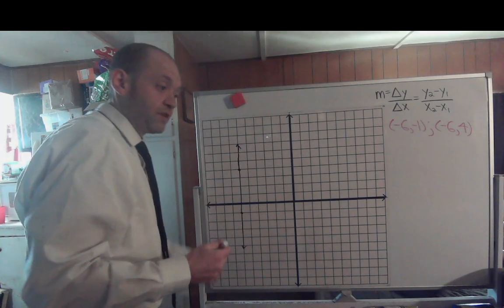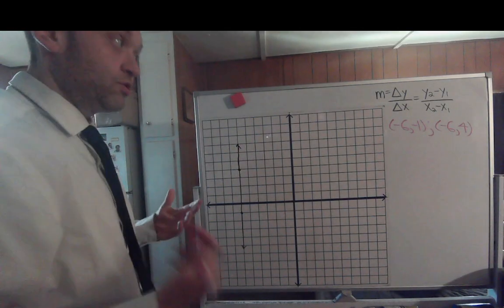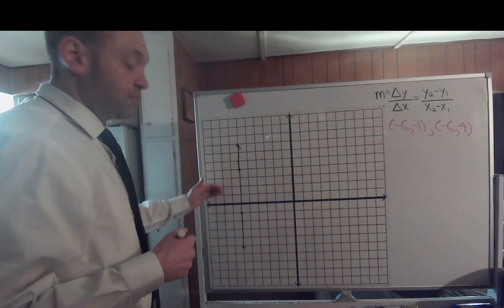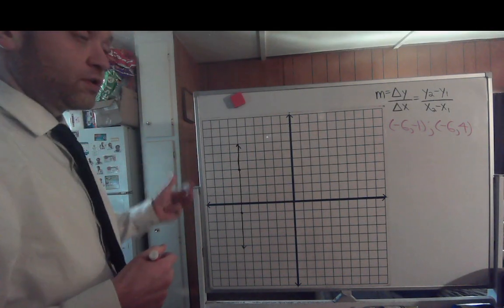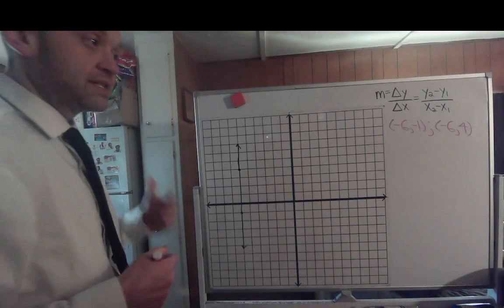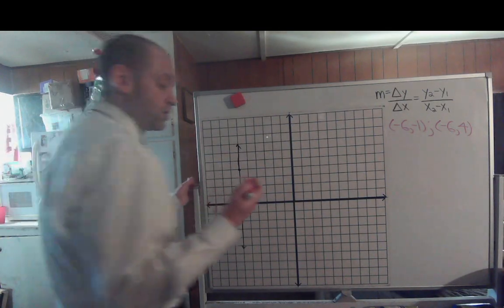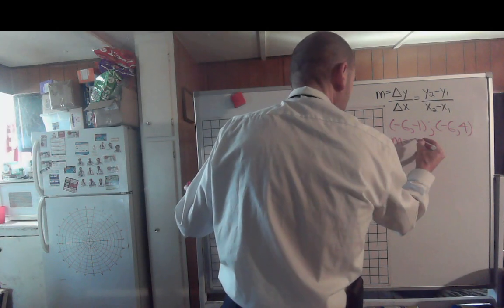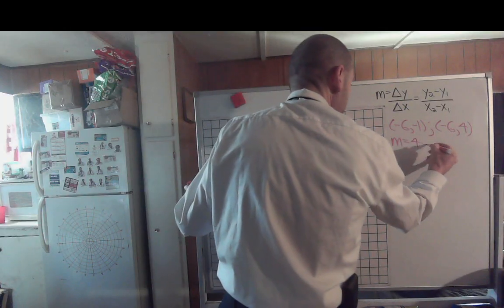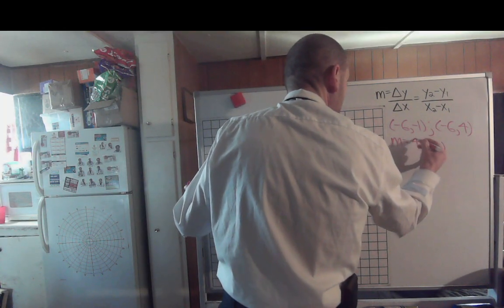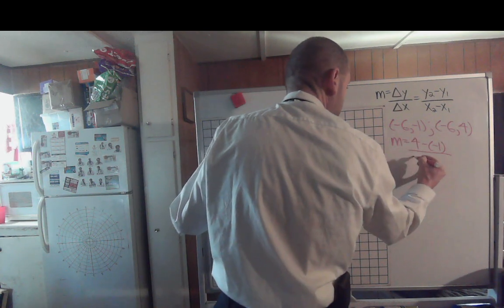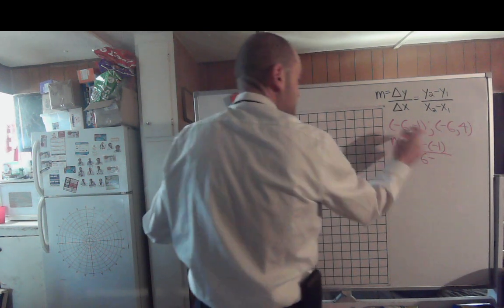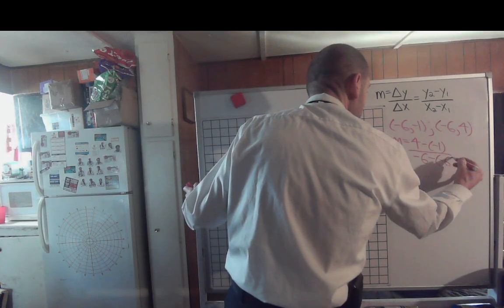If we remember VUX-HOY all the way back from pre-algebra: Vertical line, Undefined slope, X equals. So to find the slope, take your y2 of 4 minus your y1 of -1, over your x2 of -6 minus your x1 of -6.